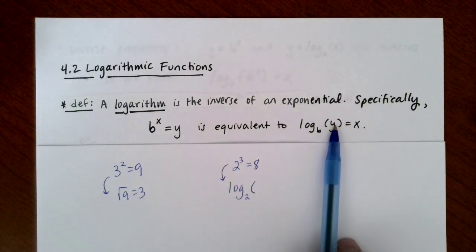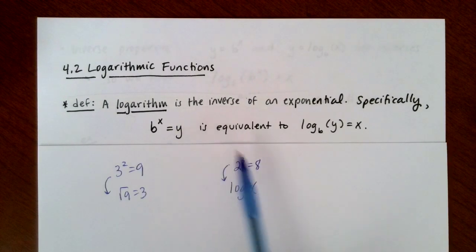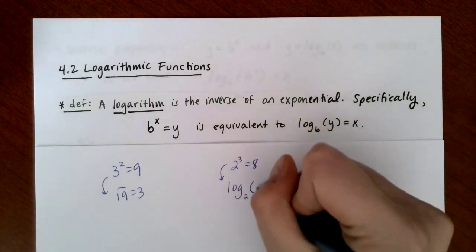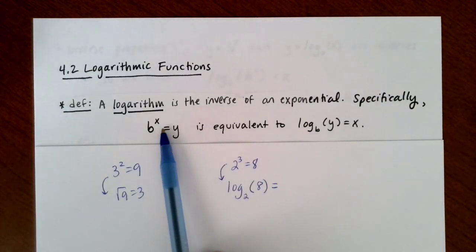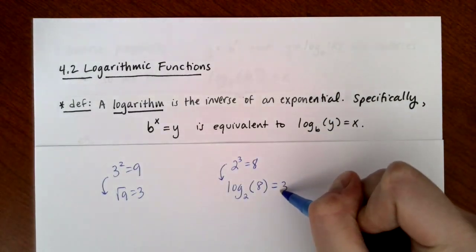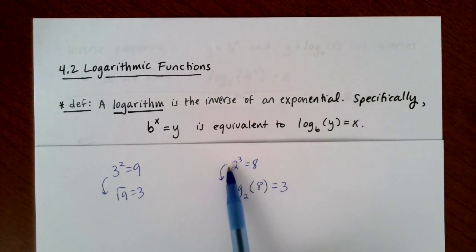The number in the logarithm should be what was on the right-hand side. So here is 8. And then it'll be equal to x, which was the exponent. So that would be the 3. So these are two equivalent statements saying the same relationship between the 2, the 3, and the 8.